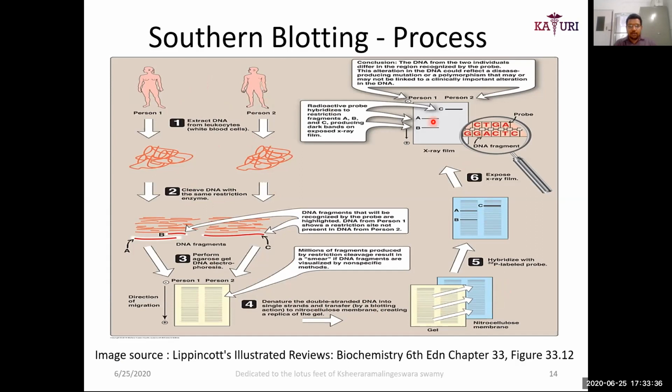Finally you find person 1 has two genes, and person 2 has only one gene. So finally you know the number of genes present, whether the gene of interest is present in person 1 or person 2, and whether they are matching or not. Okay, so that is the Southern blotting process in a nutshell.